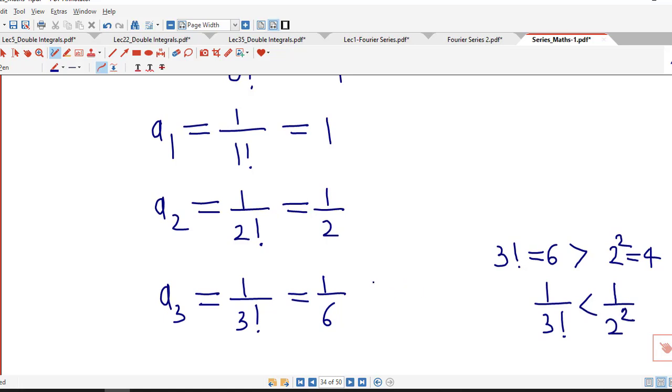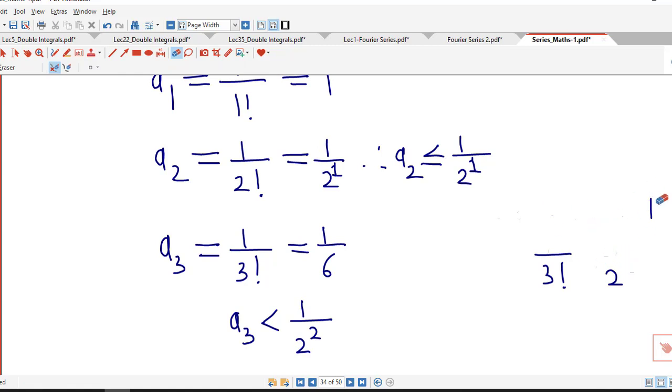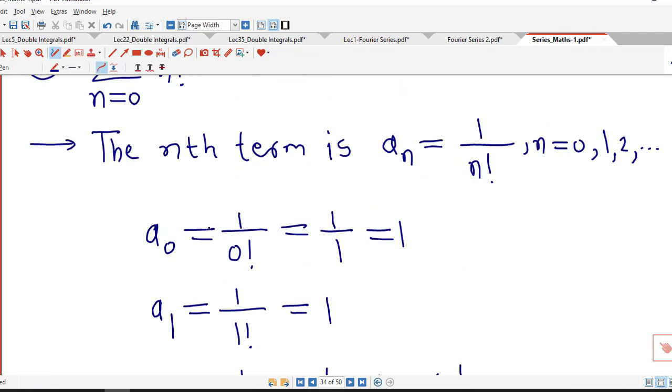So here I can write that a3, which is equal to 1 by 3 factorial, is less than 1 over 2 square. Here I can write that a2 is less than or equal to 1 over 2 raised to 1, because here we have 2 raised to 1 power. So we are trying to decide the behavior of each term of the given series.